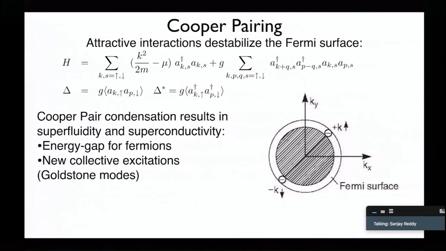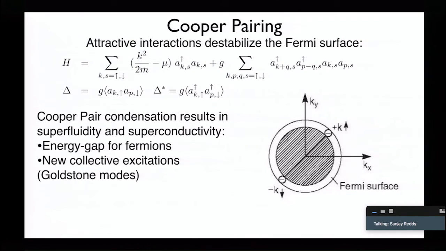So before we talk about the interaction of relativistic particles, I want to mention something that is very robust and very common. It is the phenomenon known as Cooper pairing. And this is exhibited even by the simplest Hamiltonian or simplest Lagrangian you can write down for fermions.